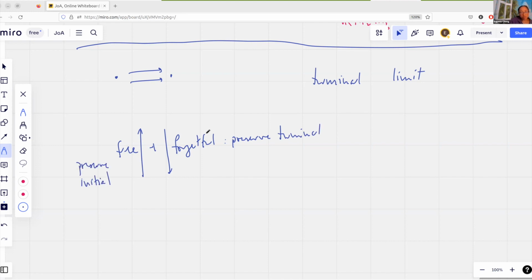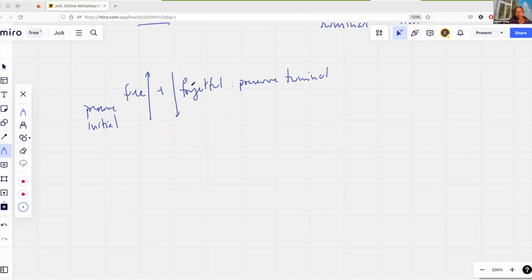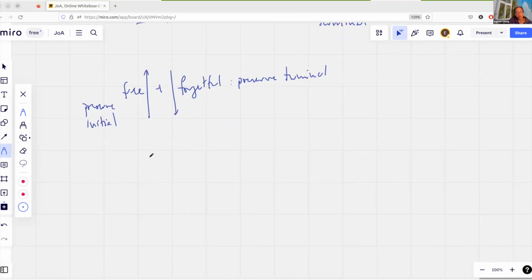So let me see if I can think of an example. Okay, I thought of an example. It's a bit contrived, but it does do it. If we look at the category of sets with two chosen base points and the forgetful functor down to just sets with no chosen base points, then this category is like a slice category.